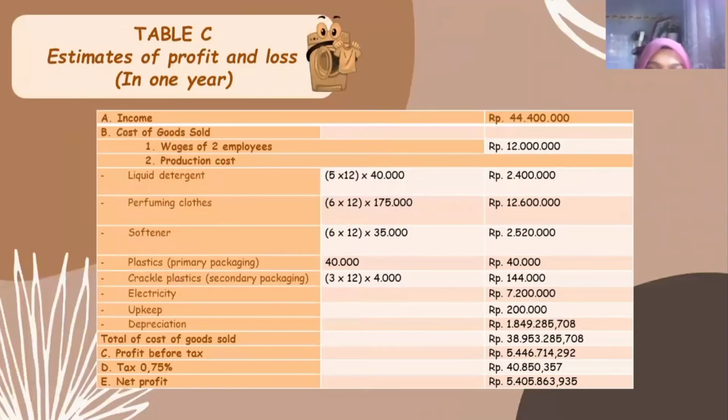The next table is table C about estimates of profit and loss in 1 year. We have income is 44,400,000 rupiahs.